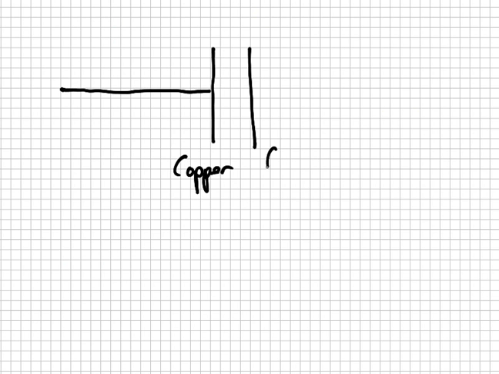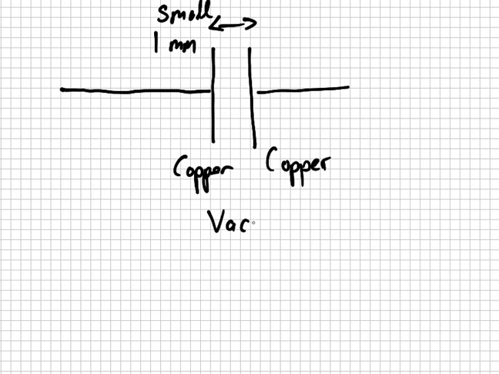It's very easy to make one. All you need is a piece of copper, and then another piece of copper, and then this distance here must be very small, for example maybe 1 millimeter, and if possible you can put it inside of a vacuum.